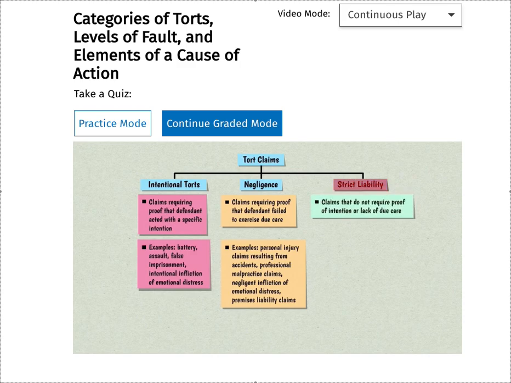The third usual category of tort claims is based on strict liability. This category includes tort claims that allow plaintiffs to recover damages caused by the defendant without being required to prove that the defendant had any faulty intention or lapse of due care.